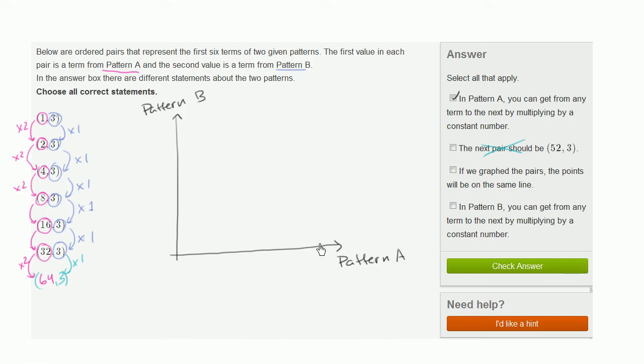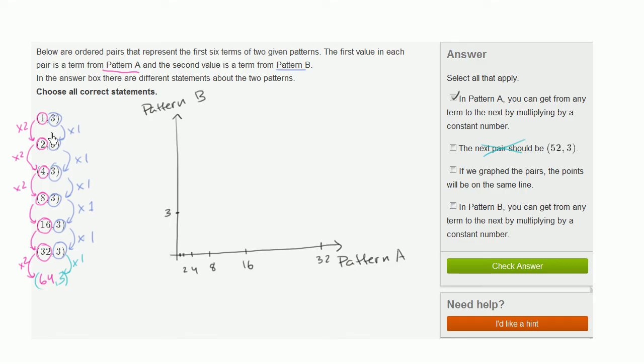Let's say that this is 32. Then half of that is going to be 16, half of that is 8, half of that is 4, half of that is 2, and half of that is 1. So these are all the points on pattern A. But for any of them, the corresponding term on pattern B is 3.